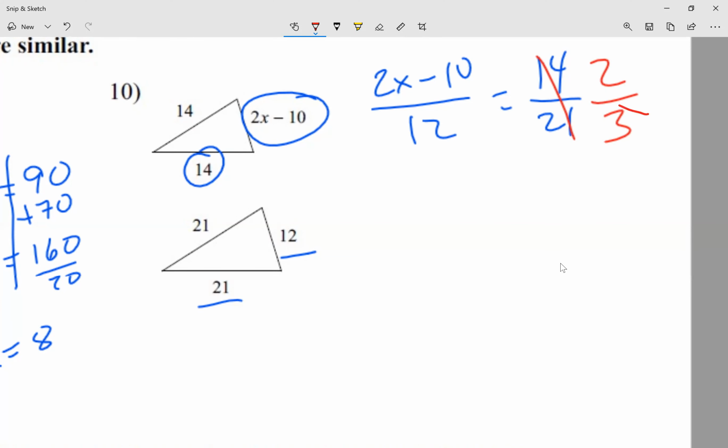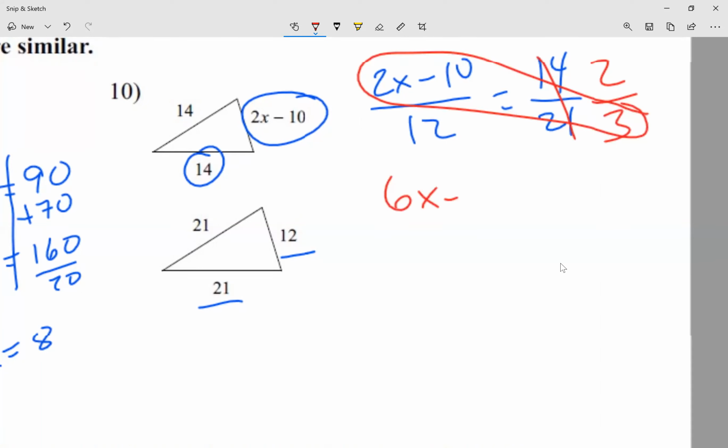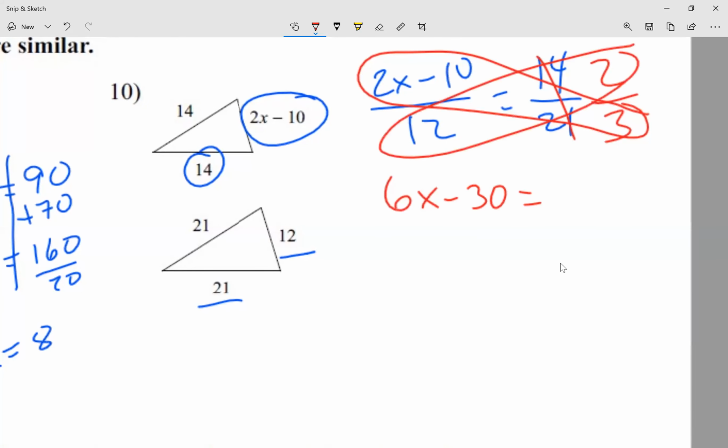Let me cross multiply it. Because of the minus, that 3 is going to go 3 times 2X and 3 times 10. So it's going to give me 6X minus 30. And then 12 times 2 gives me 24. The minus 30, I'm going to move it over as a plus 30.